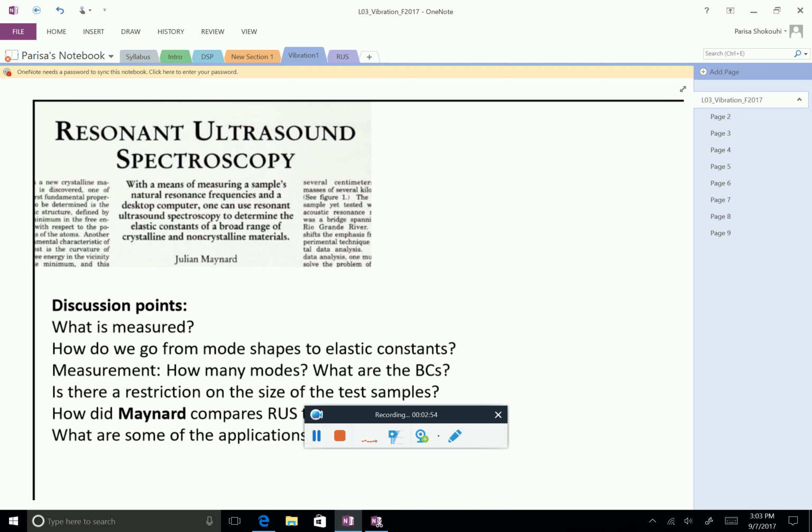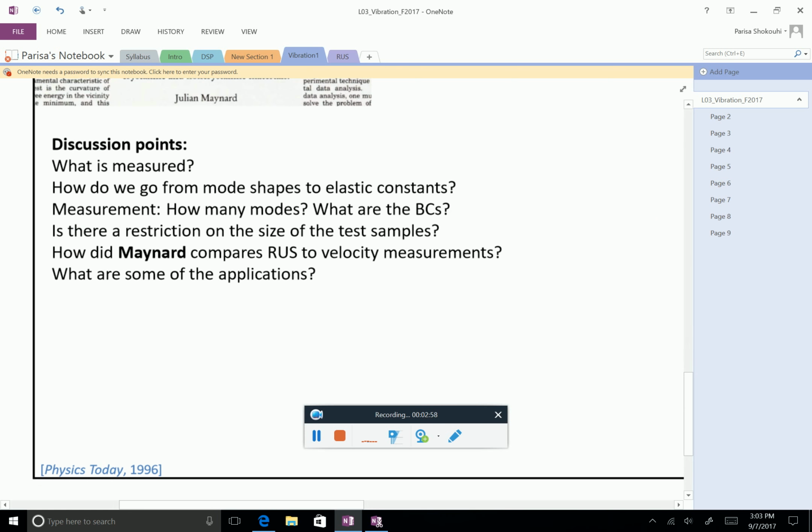Just very conceptually, how do we measure elastic constants? The way you all probably know is that you have a sample and you start stretching it, you measure a stress and a strain, and you get Young's modulus. That's how you measure elastic constants.